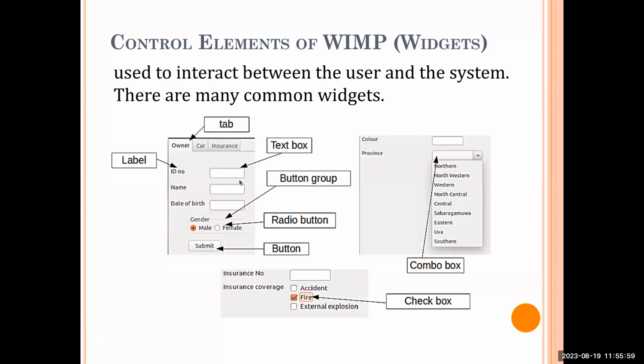You can select one from a few choices using a button, a radio button. This is a radio button. These are all called buttons, and there are different types of buttons, like submit button, radio button. These are called combo boxes. This is called check boxes.